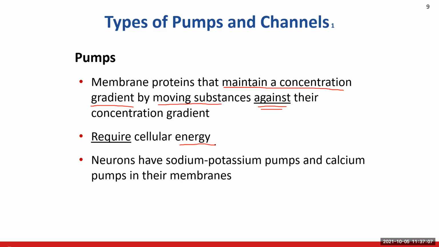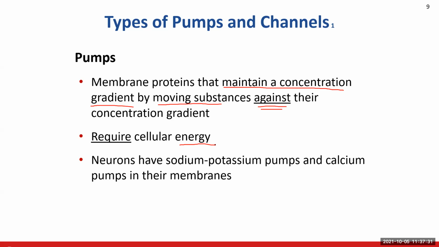There's more potassium inside the cell, so potassium wants to leave the cell. But these pumps don't let that happen. They say, nope, we're pumping you back in. You're trying to escape, we're going to push you back into the cell. And that's what they do.